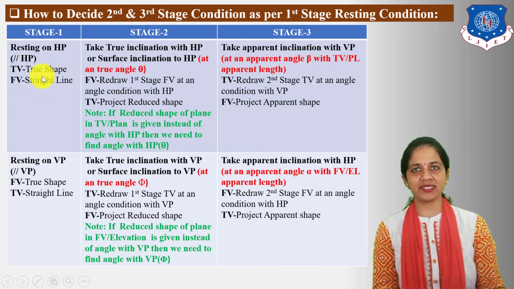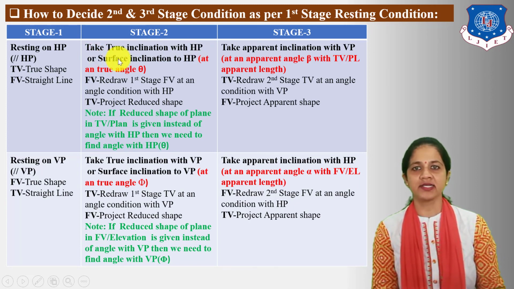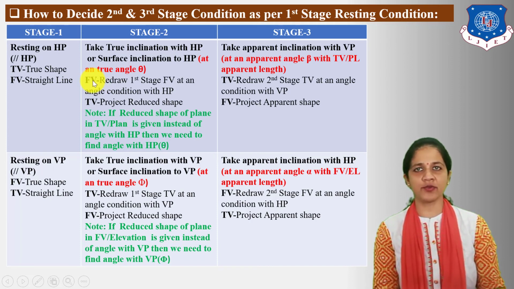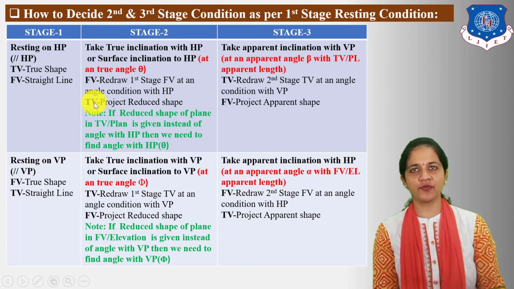Now for this stage 1 condition, in stage 2 we need to take the true inclination with HP, or we can say the surface inclination to HP at a true angle theta, because the plane rests on HP. Now here in the front view, redraw the first stage front view straight line at an angle condition with HP, and in the top view project the reduced shape.